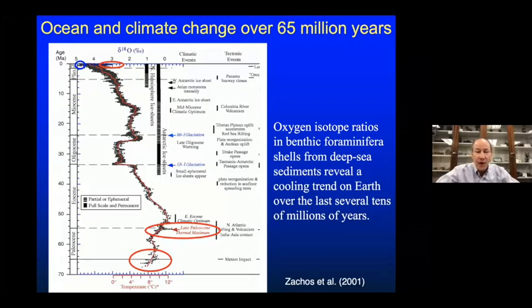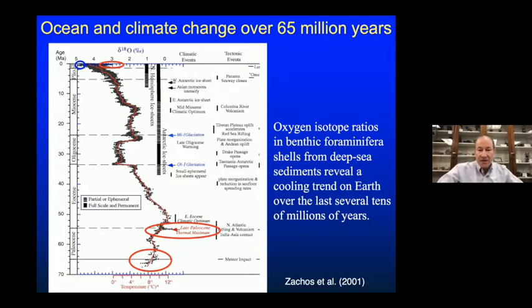Once these records are compiled from different places around the world, some of the evidence within them, some of the so-called proxy evidence, reveals patterns of change on the Earth that are systematic and important.